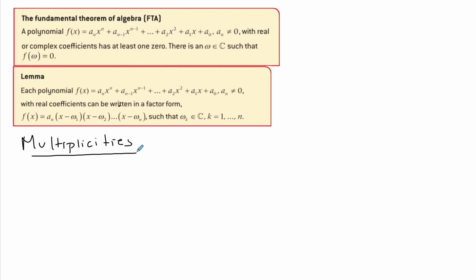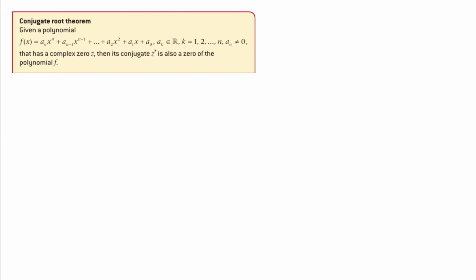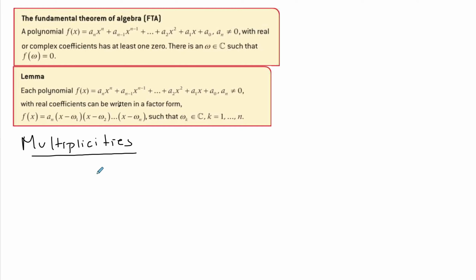I don't have the fact written down here, but what it tells you is that in simple expressions, the number of powers you end up getting in your factorization should be equal to the degree of your polynomial.